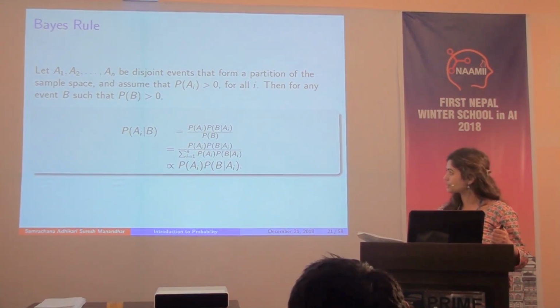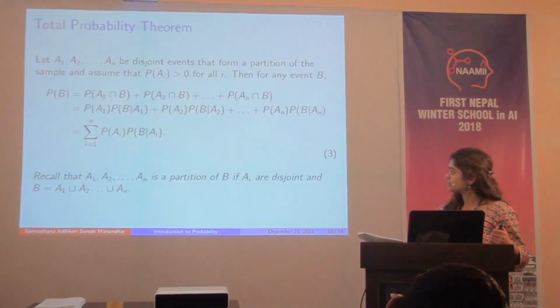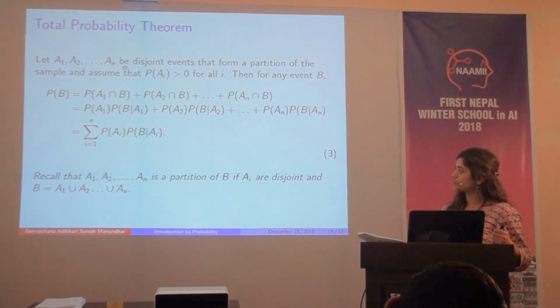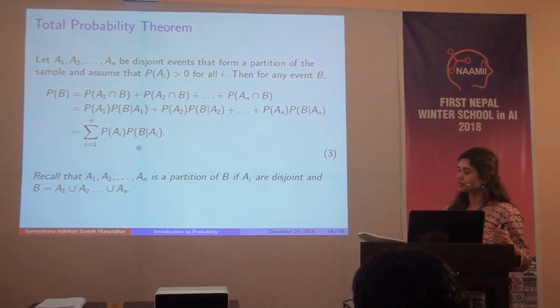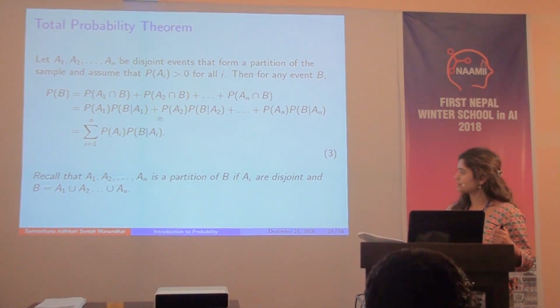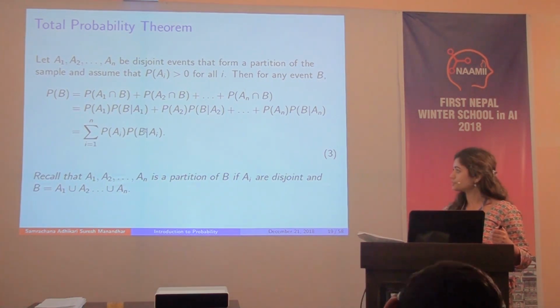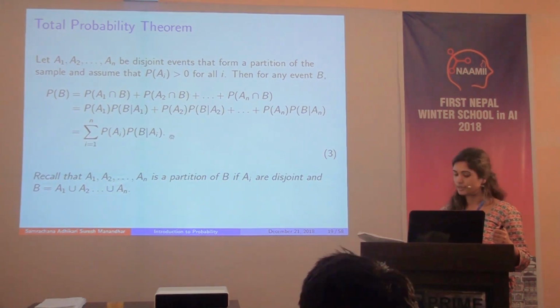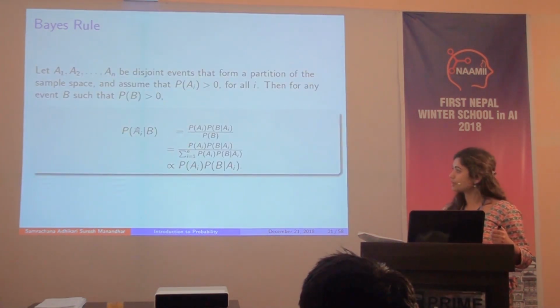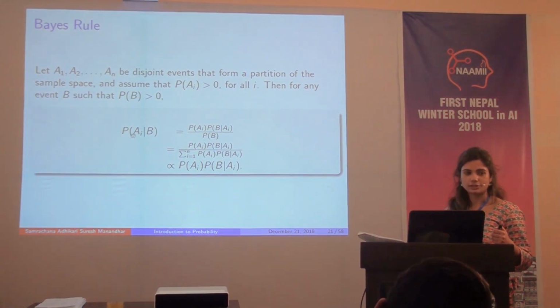In the total probability theorem, we said if there were n disjoint events that partition B, then P of B can just be written as the sum over these n events. So knowing P of Ai, which is usually called the prior, and then the probability of B conditional on Ai allows us to know P of Ai conditional on B.